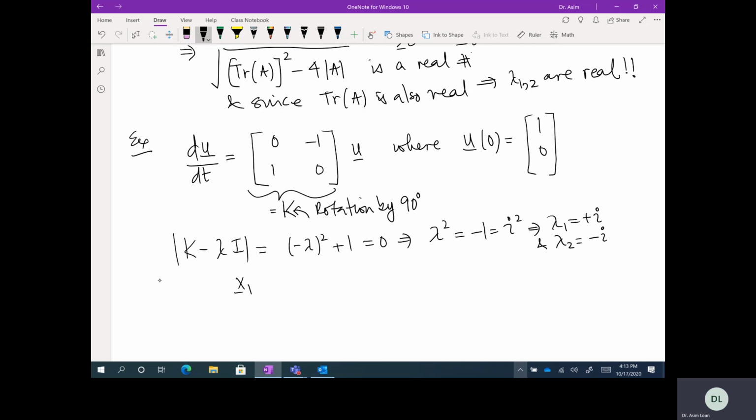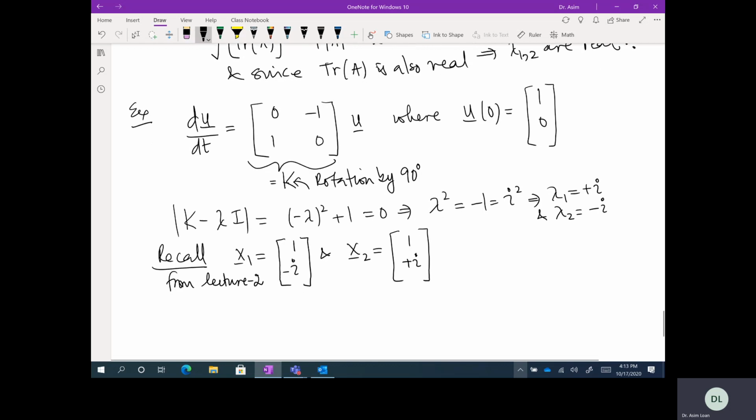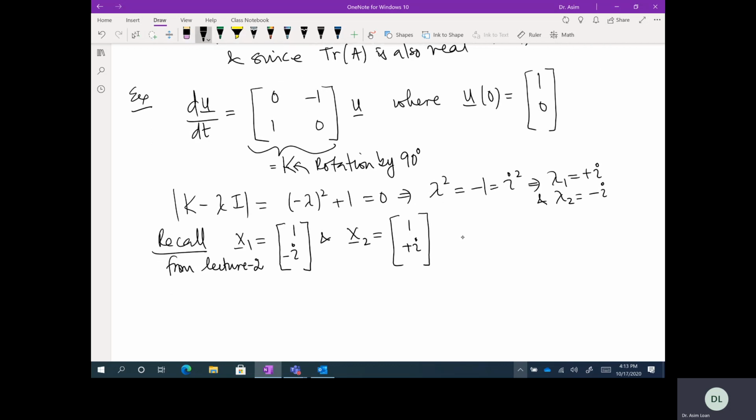And recall from second lecture, x1 equals 1, iota, and x2 equals 1 minus iota, or rather x1 is 1 minus iota and x2 equals 1 plus iota. And I can quickly calculate what is S inverse, where S is 1 minus iota, 1 plus iota.